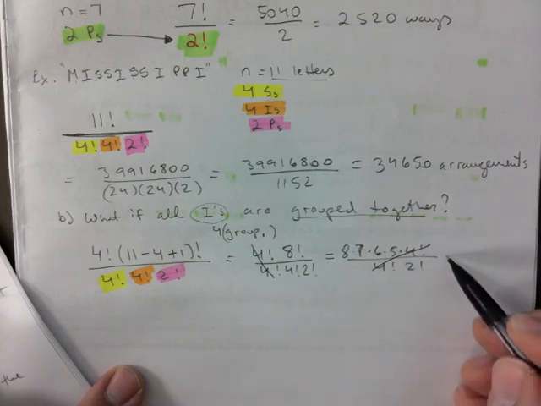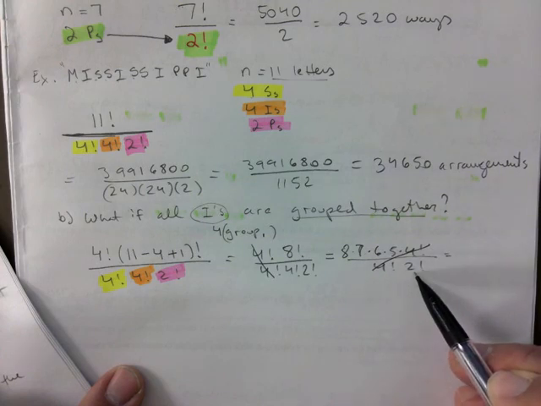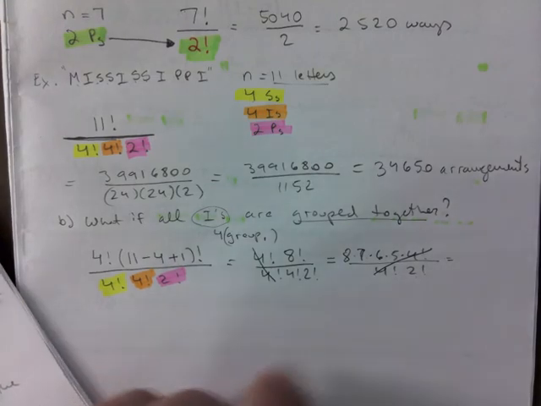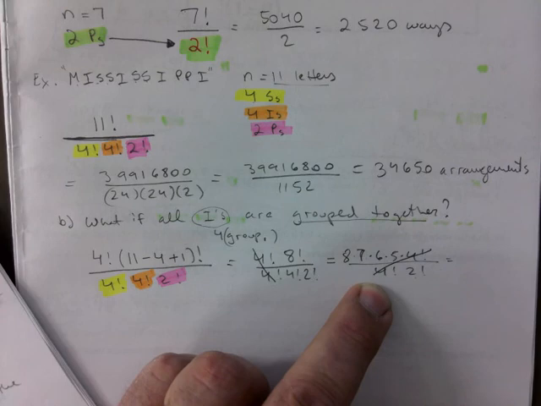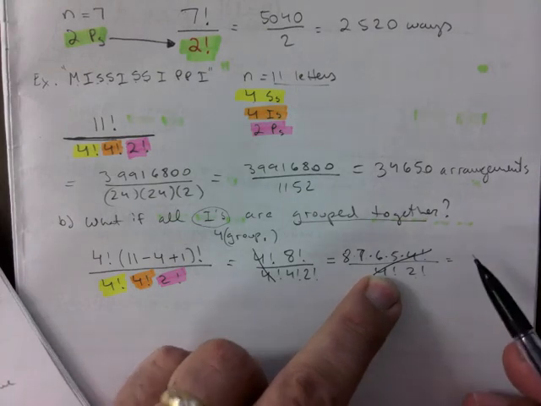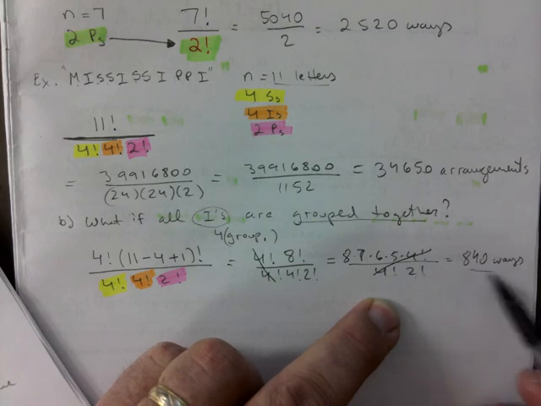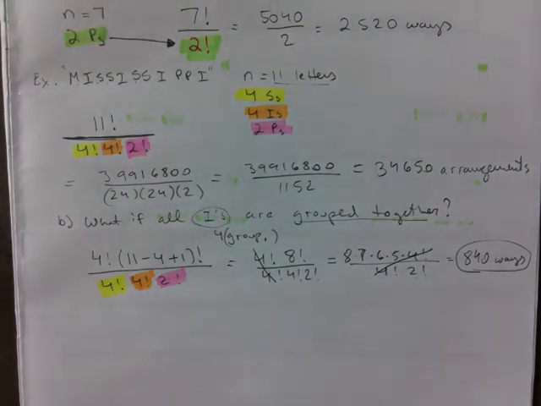These two can go. So really just 8 times 7 times 6 times 5 divided by 2. So that's 30, 210 times 8, 1680 divided by 2. So that's 840 ways. So grouping meets identical objects, right? Okay.